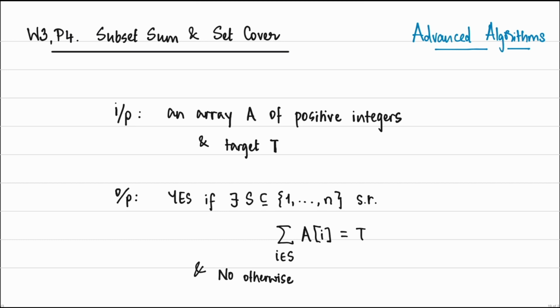So it's pretty natural that this problem is called subset sum. You want to know if there is a subset that achieves a specific sum.